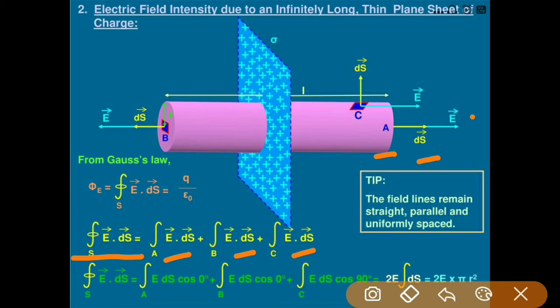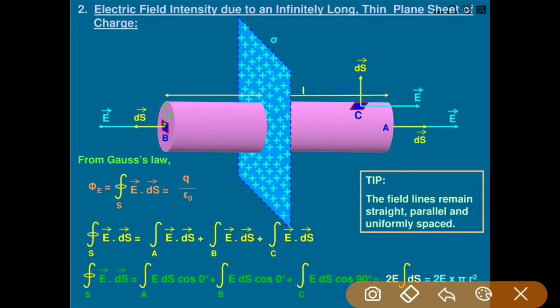So E ds cos theta with theta 0 degree, so you will get E ds cos 0. Similarly, for B you will get E ds cos 0, because again the angle between the electric field vector and the ds vector is 0 degree. And the third case, for the curved surface C, E ds cos 90, because you can see clearly the angle between the electric field vector and the ds vector is 90 degree.